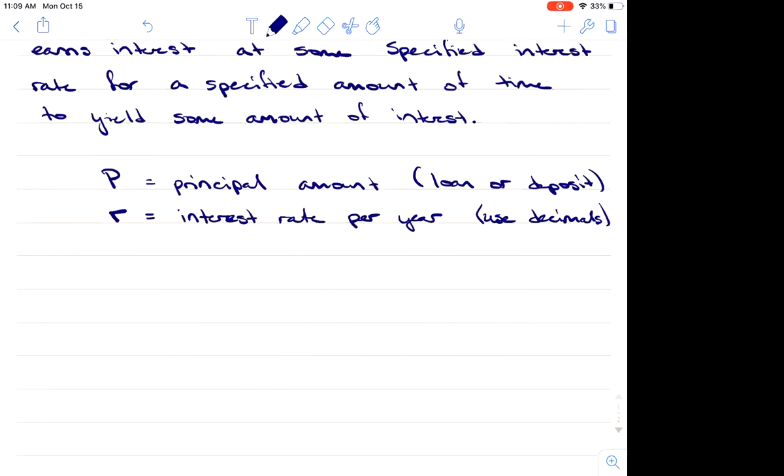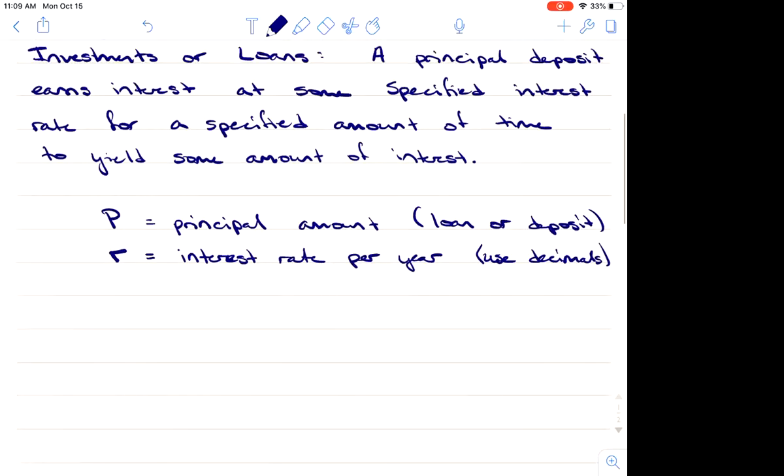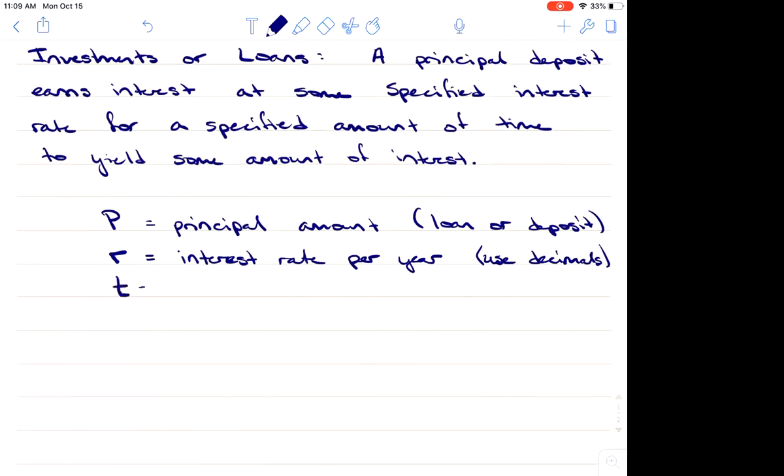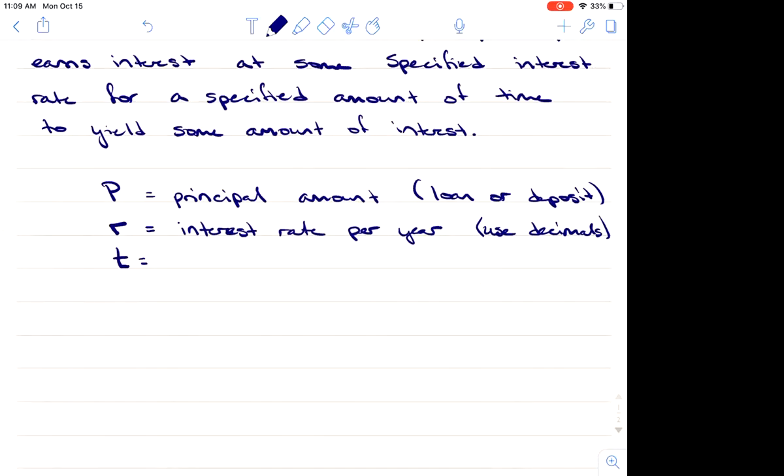Then, we have some principal deposit, and it sits there at some interest rate for some amount of time. We let t, lowercase t, be the time in years. It's important. The time in years.